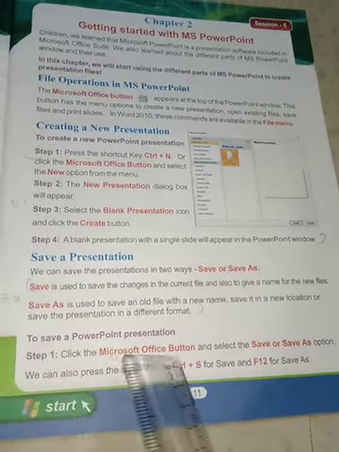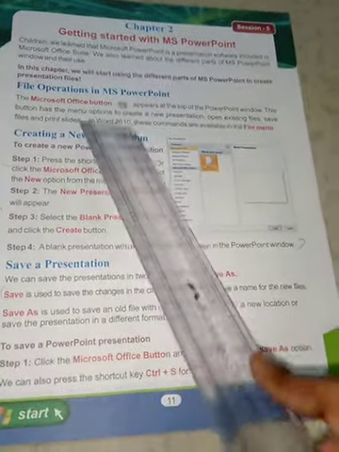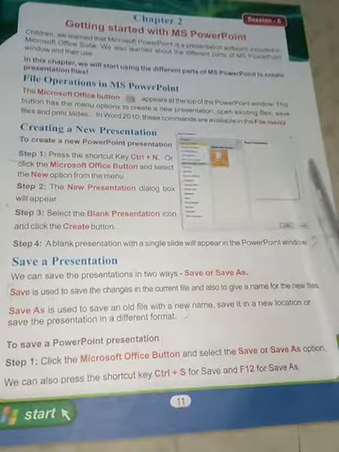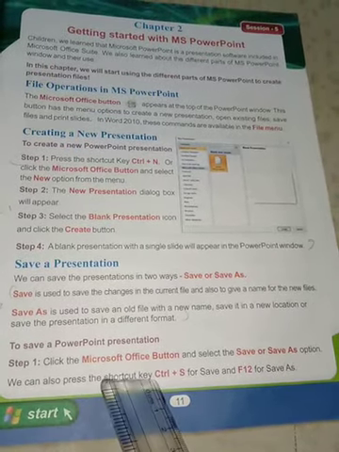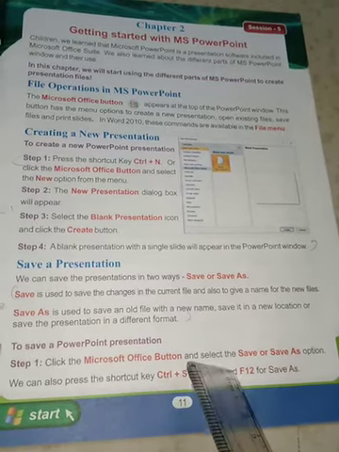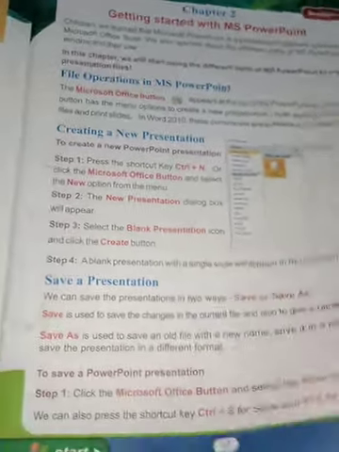To save a PowerPoint presentation, step 1. Click the Microsoft button and select the Save or Save As option. We can also press the shortcut key Ctrl plus S for Save and F12 for Save As.